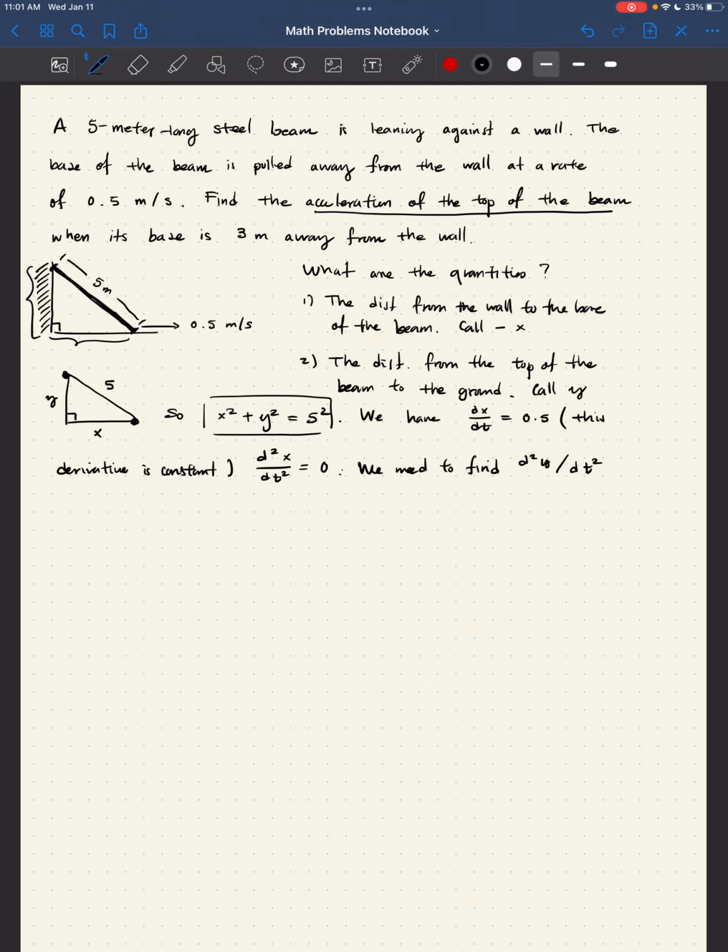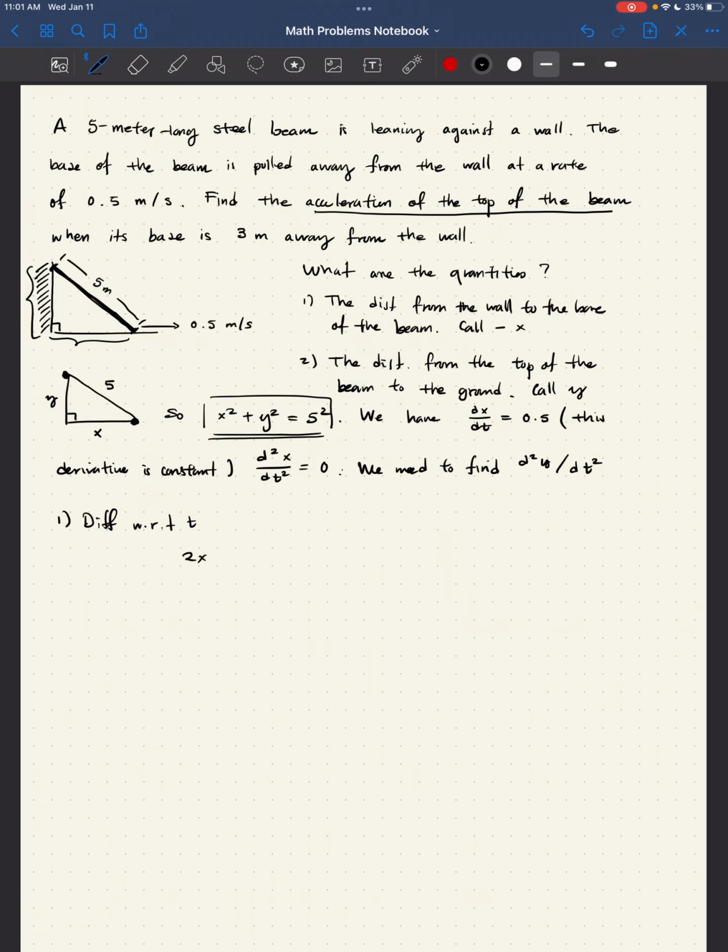So the first thing that we're going to do is differentiate with respect to t. What is it we're going to differentiate? Well, this equation. On that regard, we have the following.